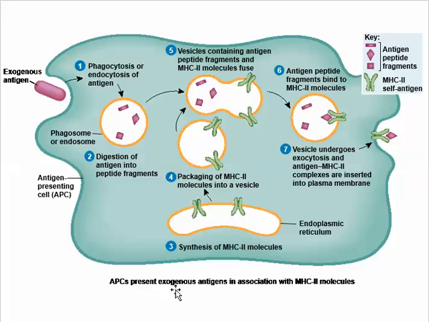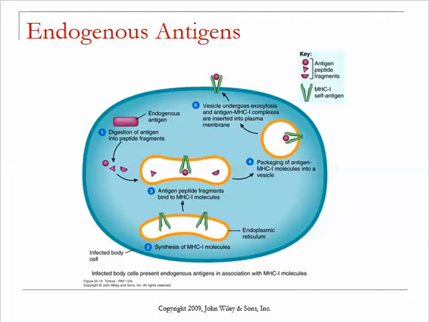It's presenting the antigen with its MHC2s. With the endogenous ones, the antigen ends up in the cell, and as the cell is making its MHC1s, it ends up putting a fragment out and displays it and says, I'm infected, deal with me.